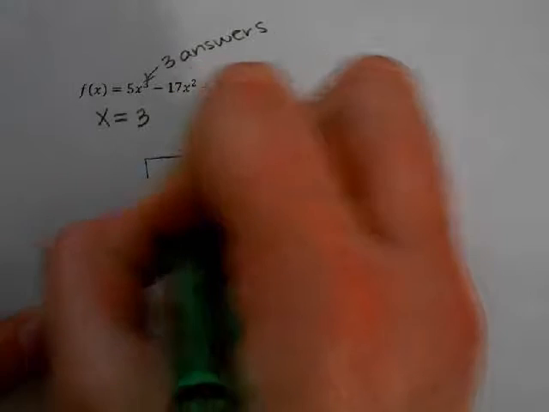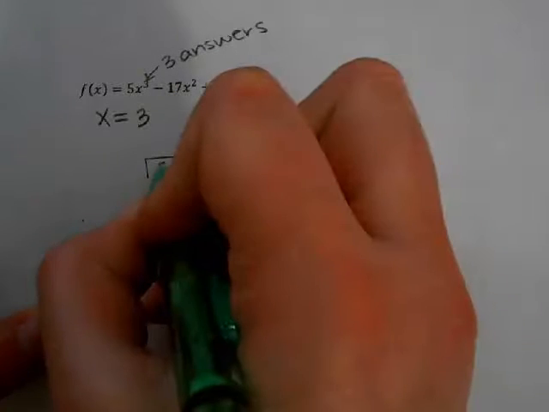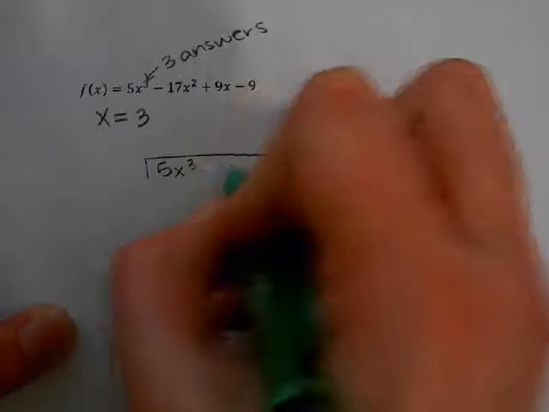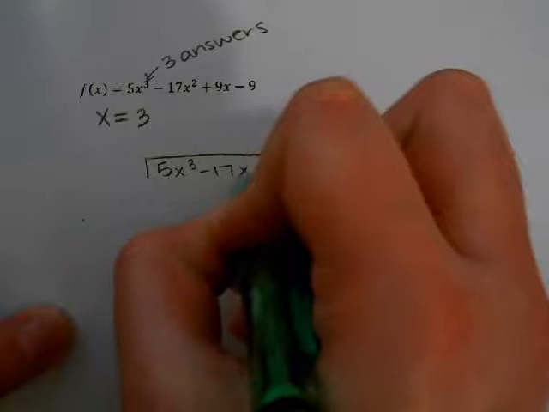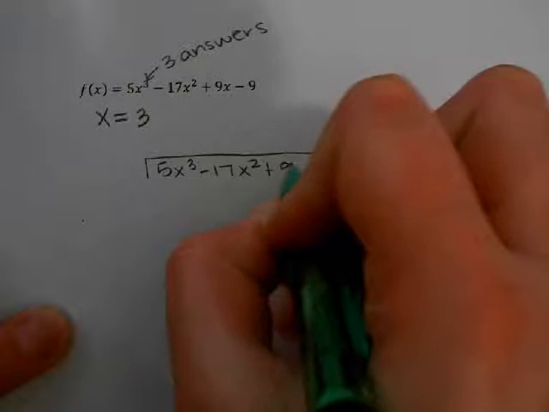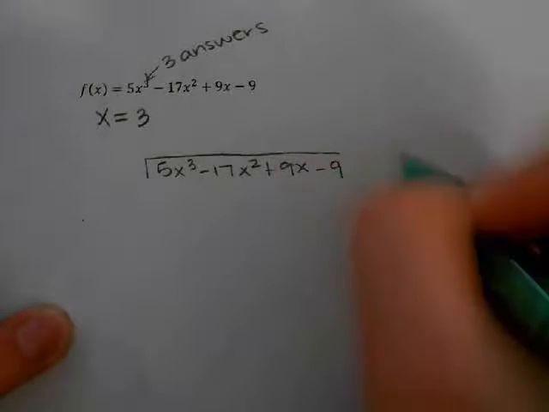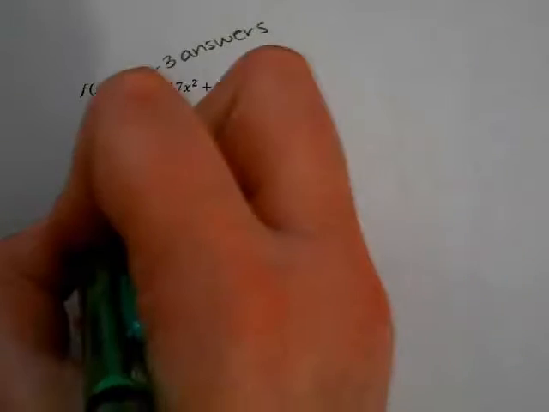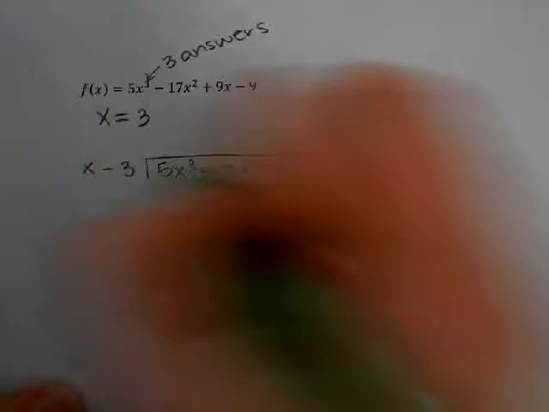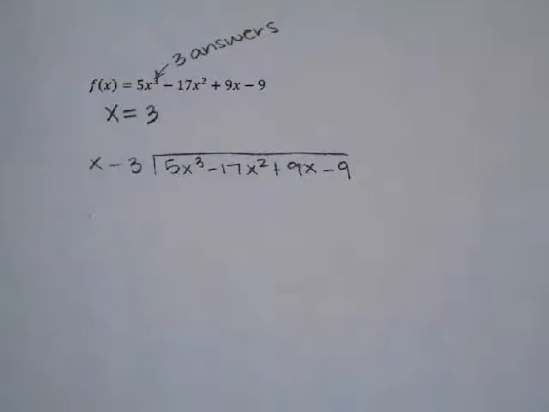So we're going to do 5x to the third minus 17x squared plus 9x minus 9, and we'll divide it by x minus 3. So if x equals 3 is the x-intercept, then x minus 3 is the factor. Okay, so what's the first question we ask ourselves in long division?